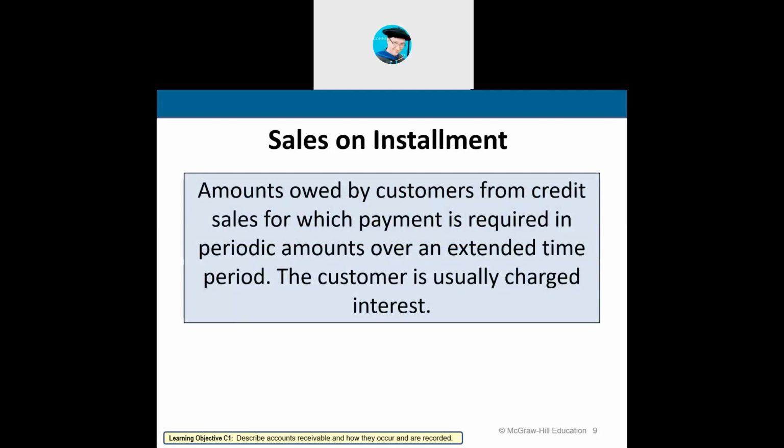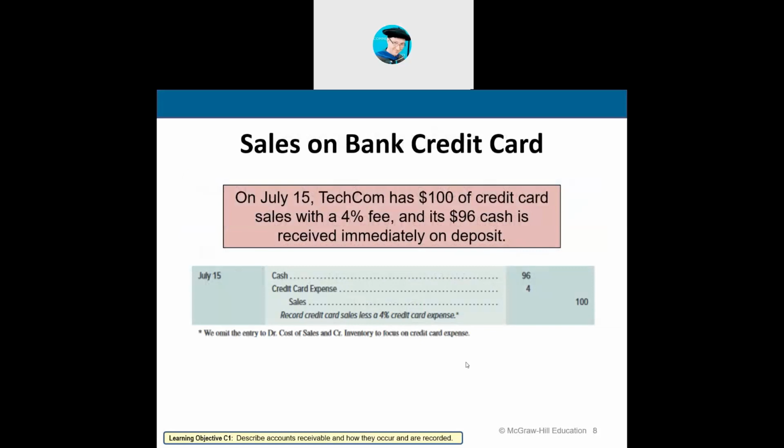And one other thing I'll tell you from my personal experience, when I had my small business, I accepted debit and credit cards, and I had the Square. That's actually how I knew about it.